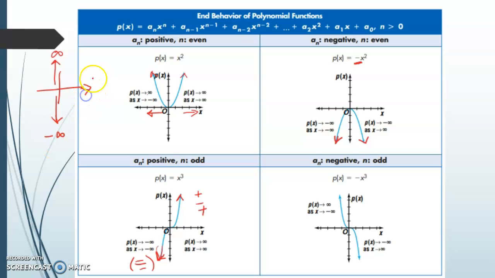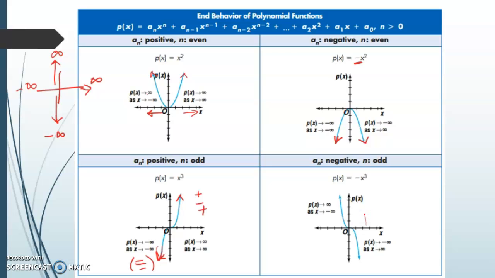For x, this is positive infinity, and for x, this is negative infinity. So in this case, as x is getting larger and larger, y is getting larger and larger. As x is going to negative infinity, y is going to positive infinity. As x is going to positive infinity, y is going to negative infinity.